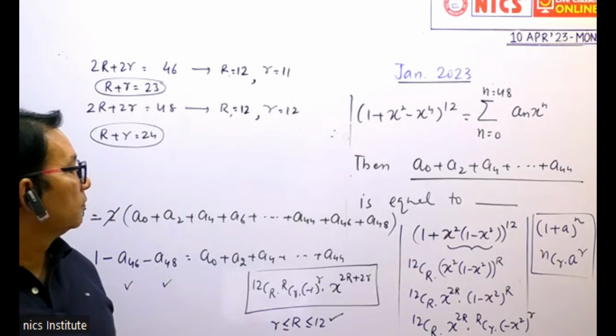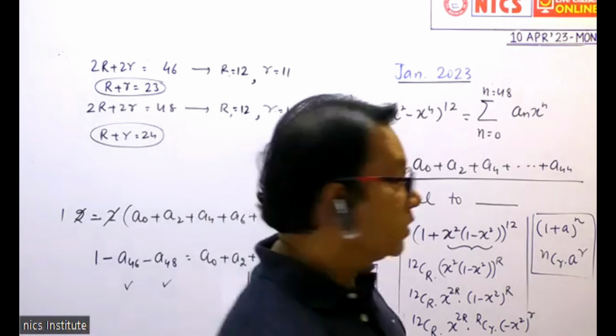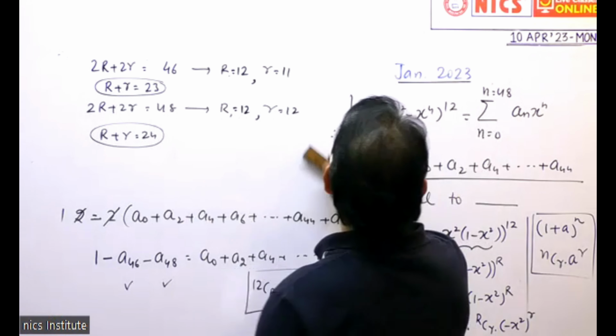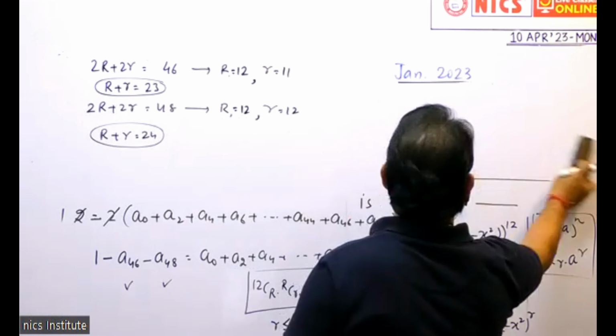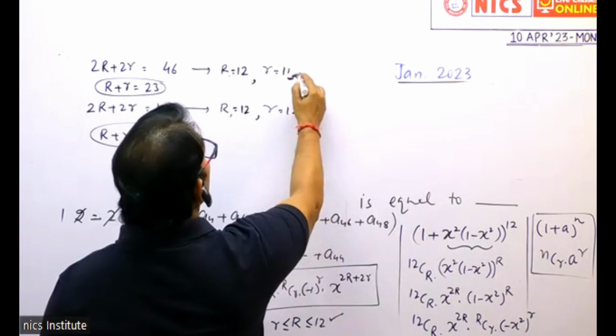Capital R cannot be greater than 12. So when you substitute this, what will be your term?